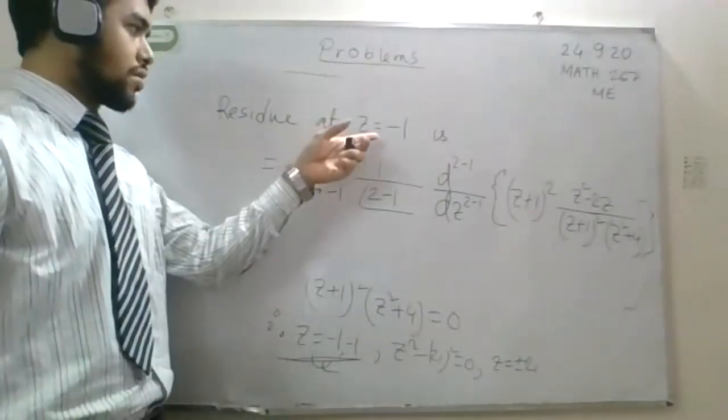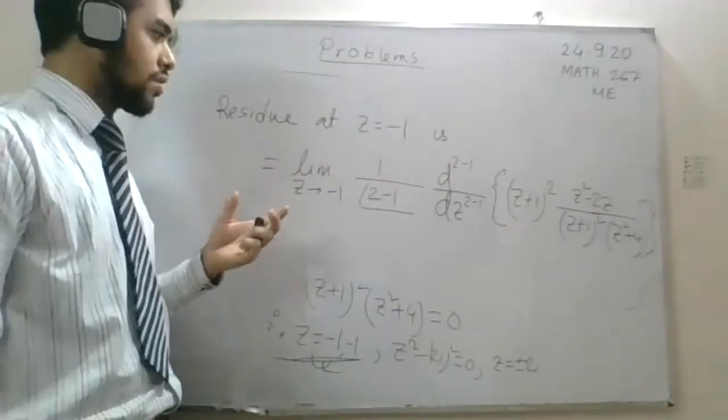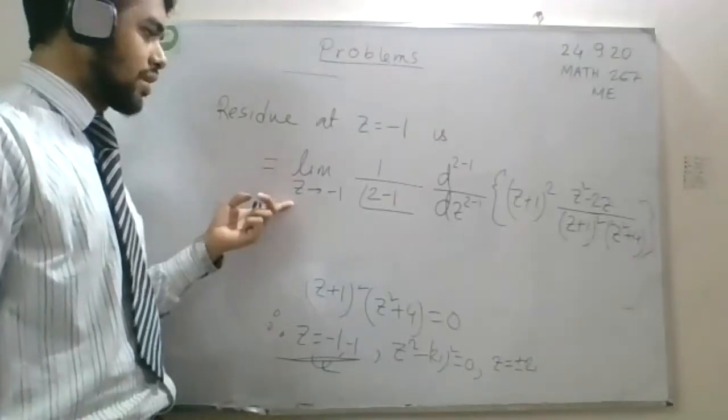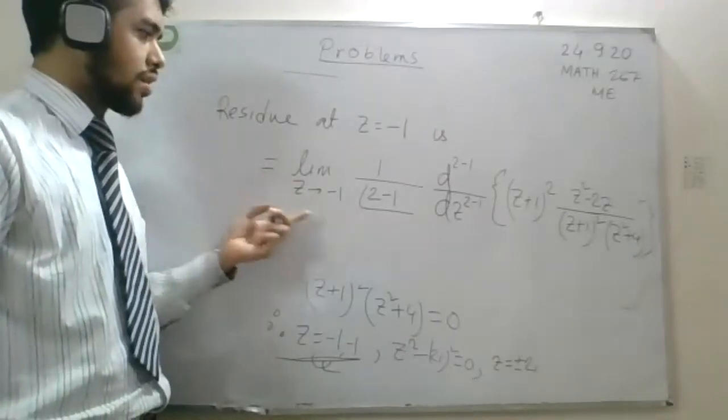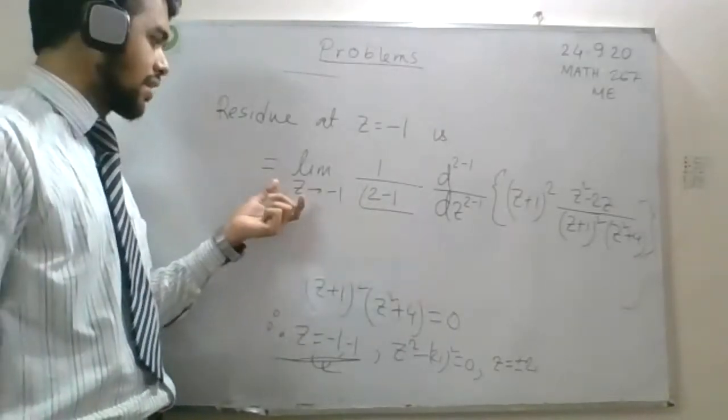Since z equals minus 1 is our double pole, you have to use the derivative formula for residue to find the residues.